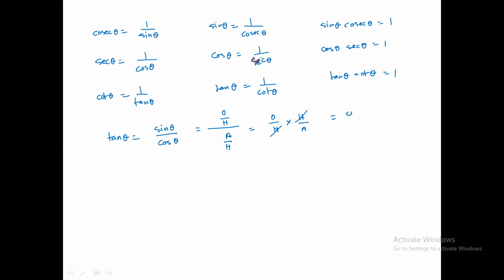And so you get tan theta as opposite by adjacent. That's why tan theta can be written as sine theta by cos theta. Cot theta is the reciprocal of tan theta, so just take the reciprocal: cos theta by sine theta.